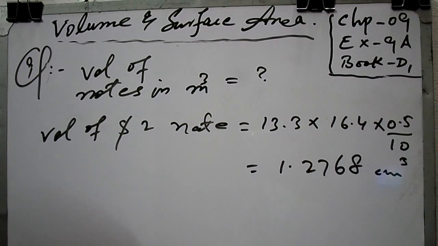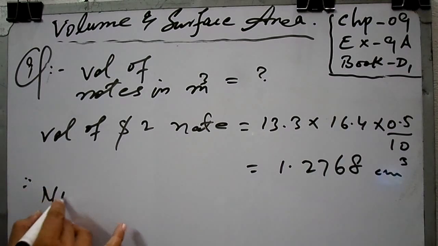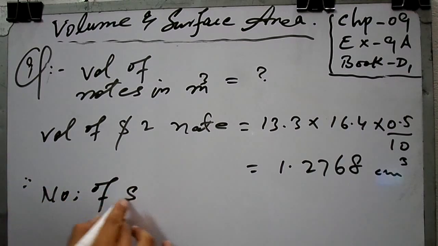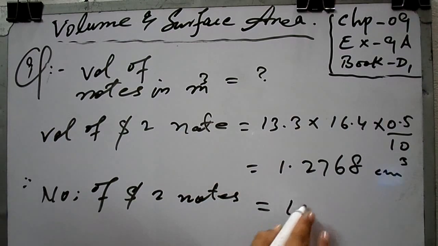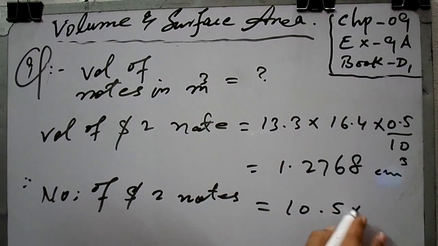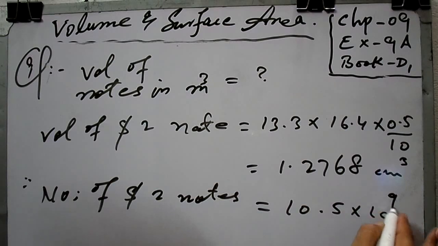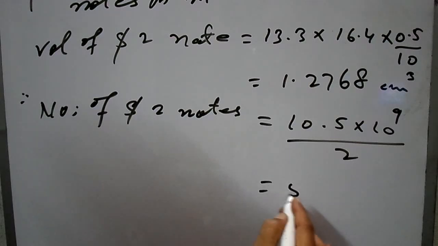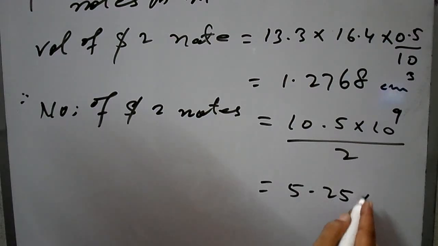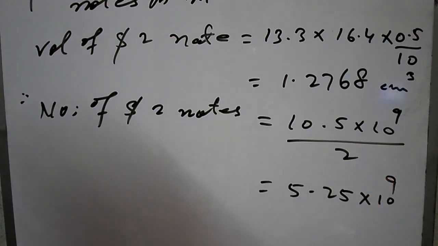So the number of $2 notes is equal to 10.5 into 10 raised to power 9, because billion means 10 raised to power 9, divided by 2, so 5.25 into 10 raised to power 9.